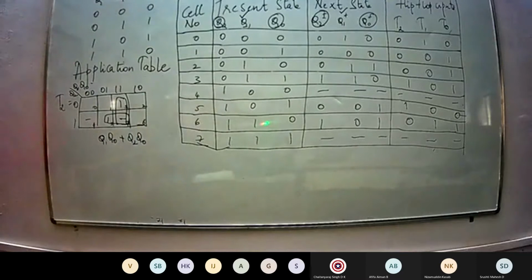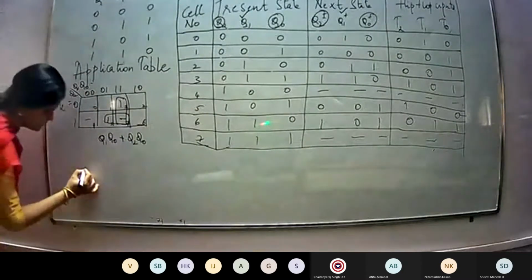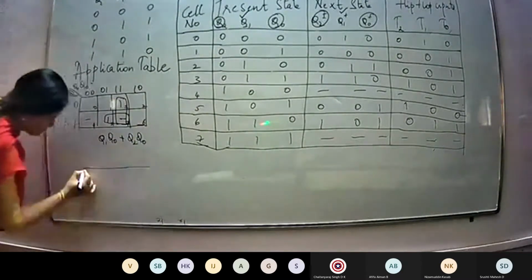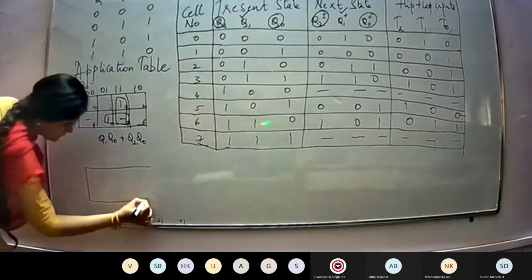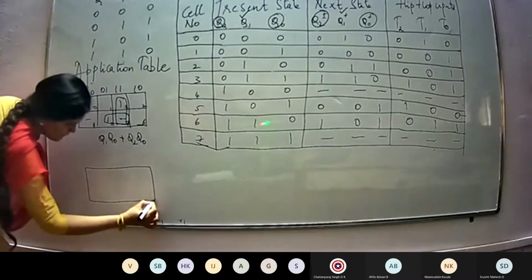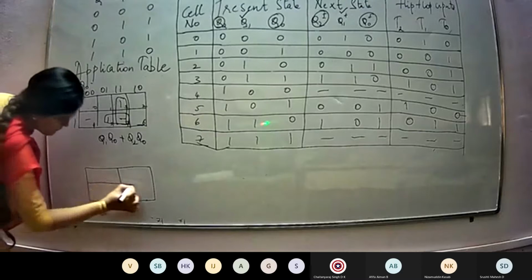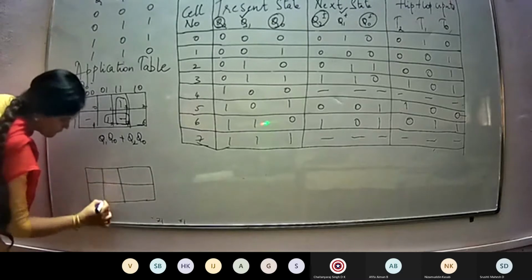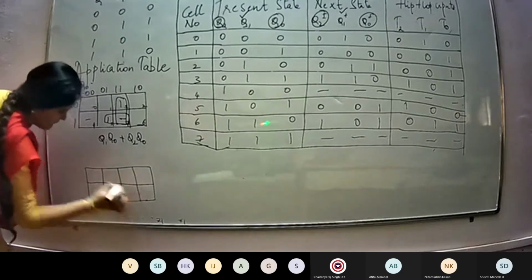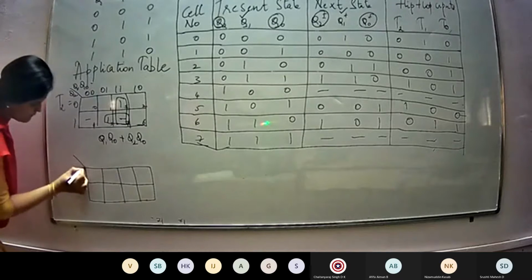In the same way, put the K map for T1. For each step, you will be having marks.